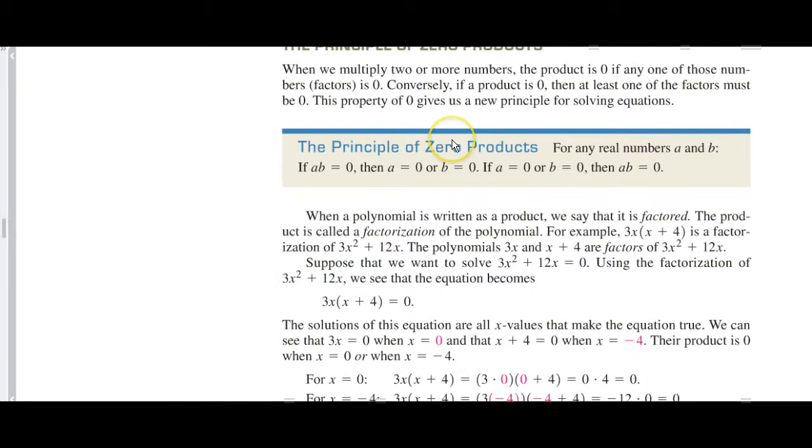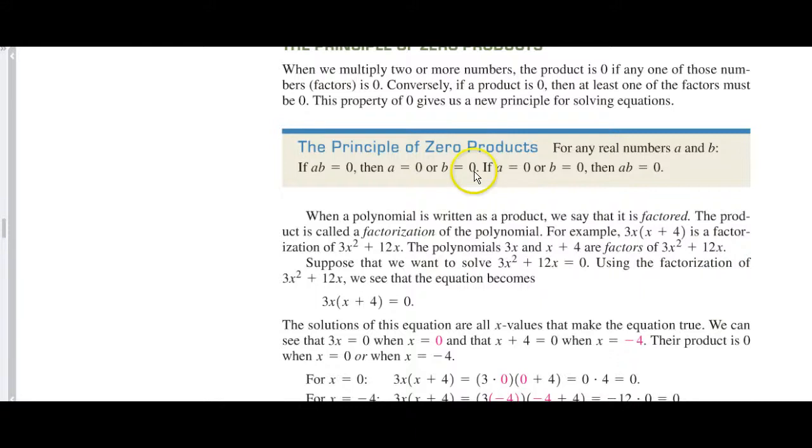So here's where they introduce the zero product principle. For any real numbers a and b, if we have, as we mentioned before, ab equals 0, this is only true if either a or b equals 0.